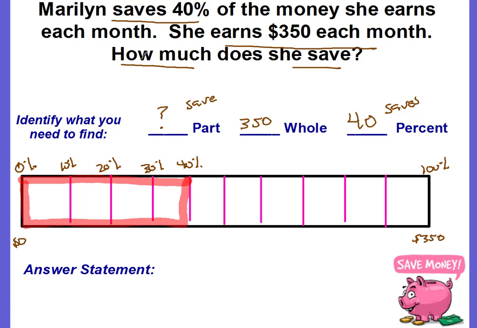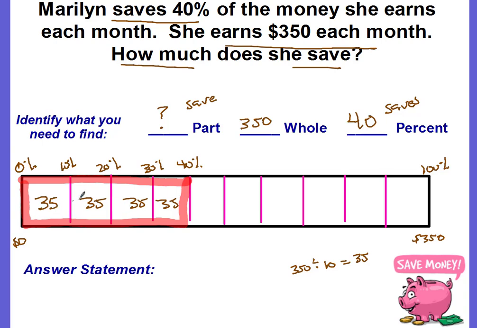I do know the whole, so I can divide the whole into 10 equal parts. 350 divided by 10 is going to be 35. So each part represents 35. Since I'm only looking for the 40% part, I could stop right here.